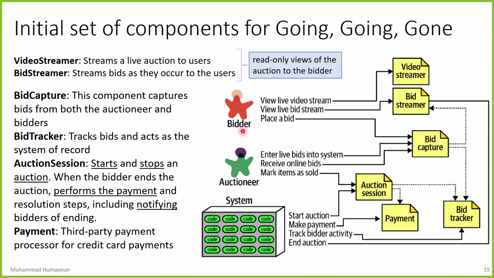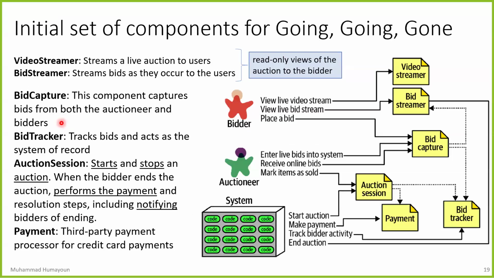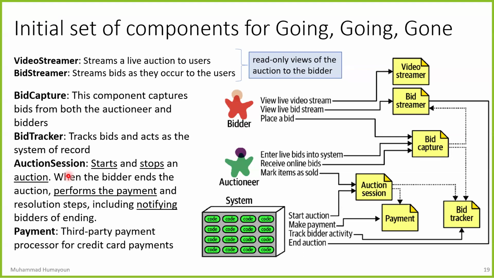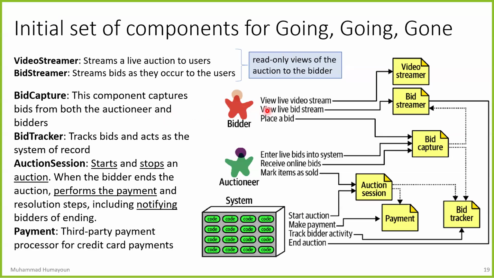You got bidder, you find it here. You got auctioneer, you find it here. You got system, and here is your system. Whatever actions each actor takes that you identified, you write them down here.